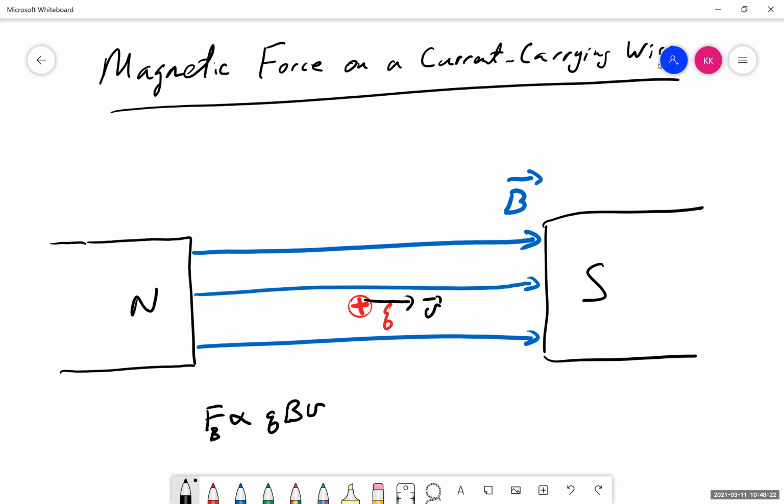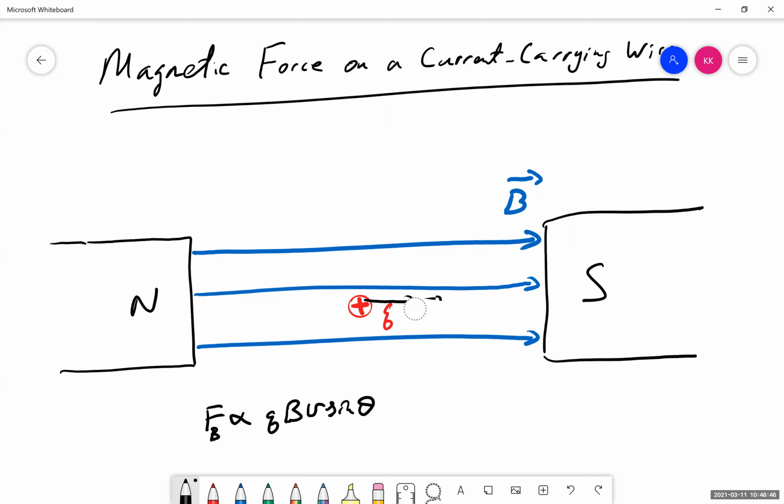Because this magnetic force is also proportional to the sine of the angle theta that magnetic field and velocity make relative to one another. And you can see, right now, magnetic field in a positive x direction, velocity in a positive x direction, theta between them is 0 degrees, sine of 0 gives you 0, there is no force.